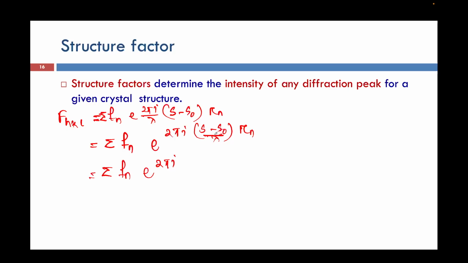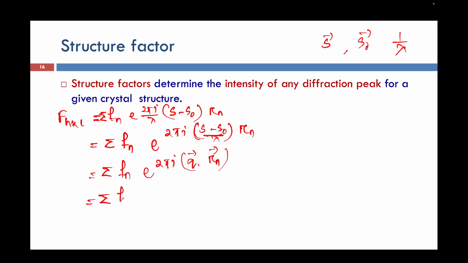If I am considering that S is a unit vector, S naught also is a unit vector, and the magnitude is 1 by lambda, then I can write S minus S naught as always the scattering vector Q into Rn, if I want to put it in the scattering term.